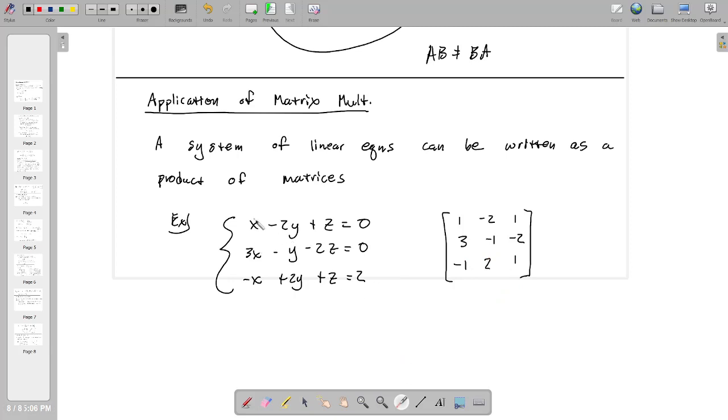Now remember, each column corresponds to a specific variable. So we would have a matrix here, x, y, z, equal to... notice that if we were to do matrix multiplication, it would be 1 times x, x, plus negative 2 times y, negative 2y, plus 1 times z, z. And that would be equal to 0.